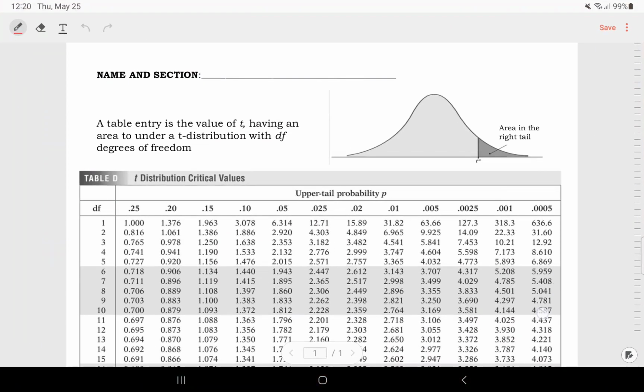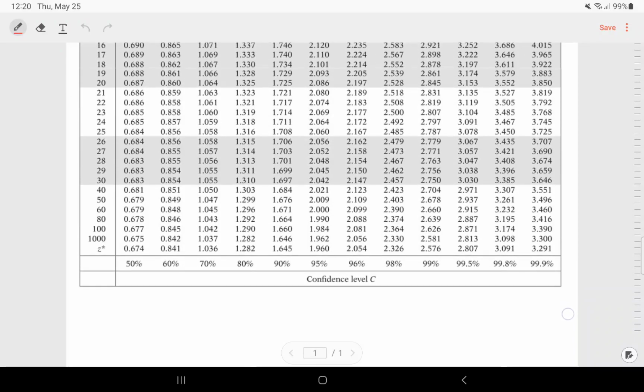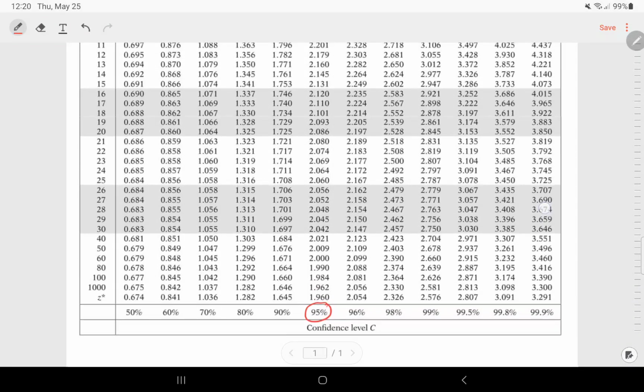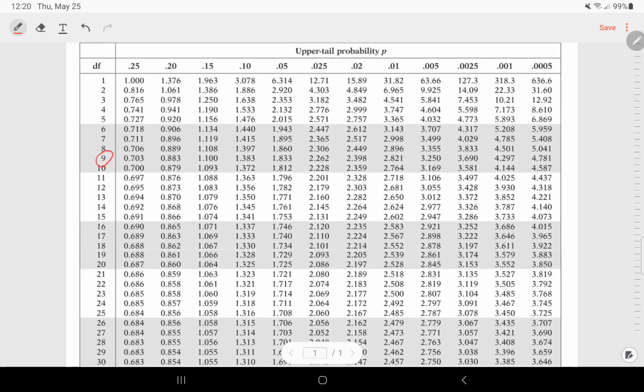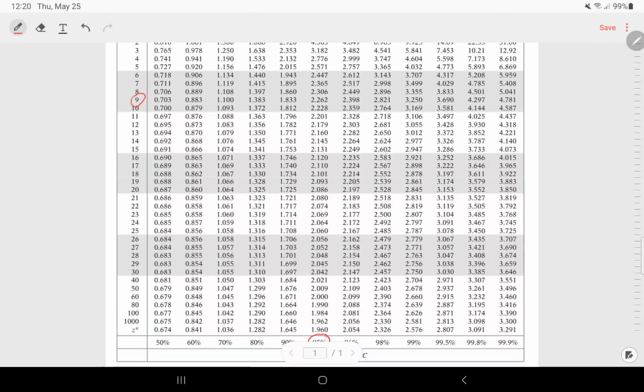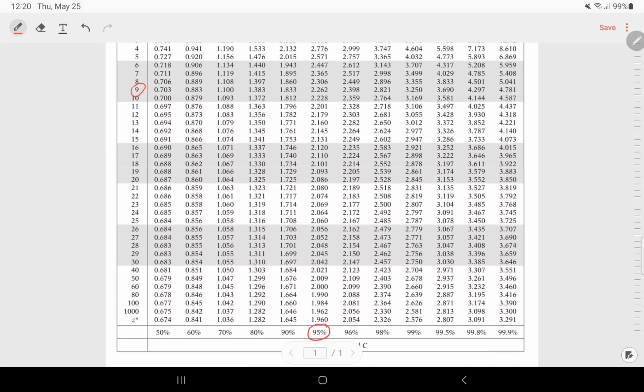Looking at the table, we follow the 95% confidence level and our degree of freedom, which is 9. Looking at how they intersect on this table, we'll have this value, 2.262. So our t alpha over 2, n minus 1 is 2.262.